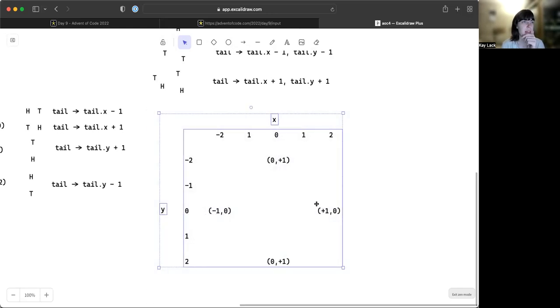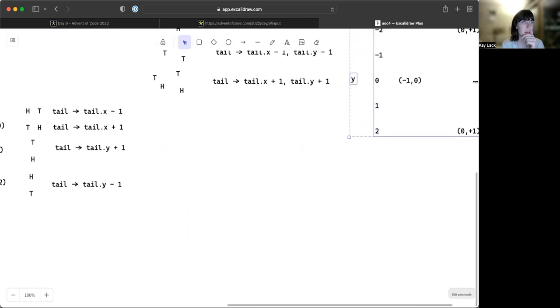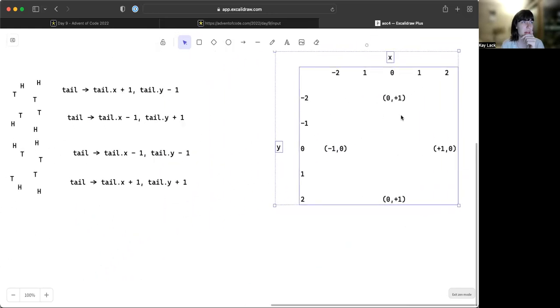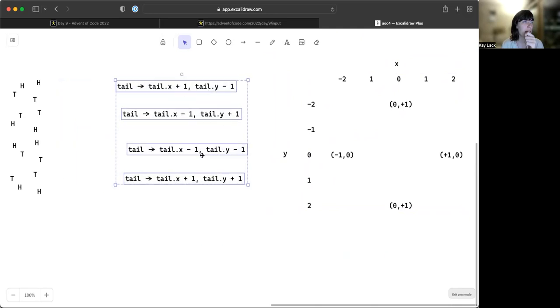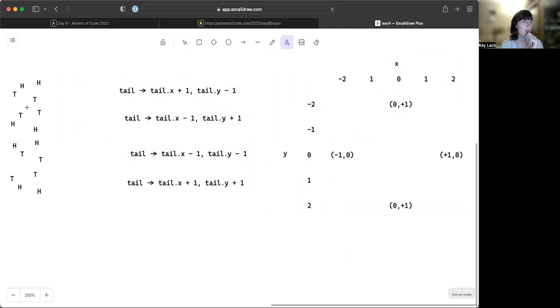Now let's look at these. So in this case, we've got x being, so the head, x is 0, 1, 2.